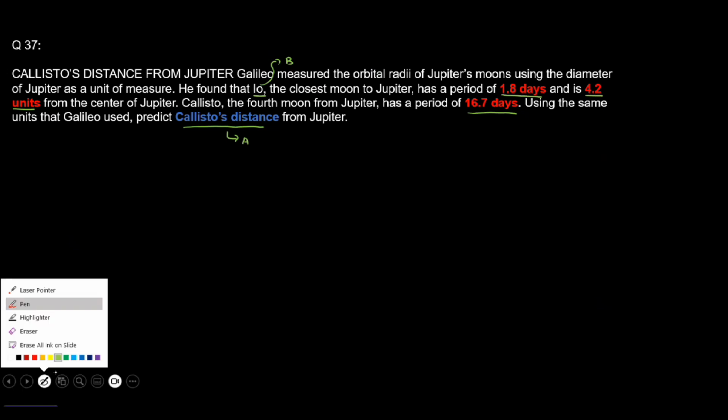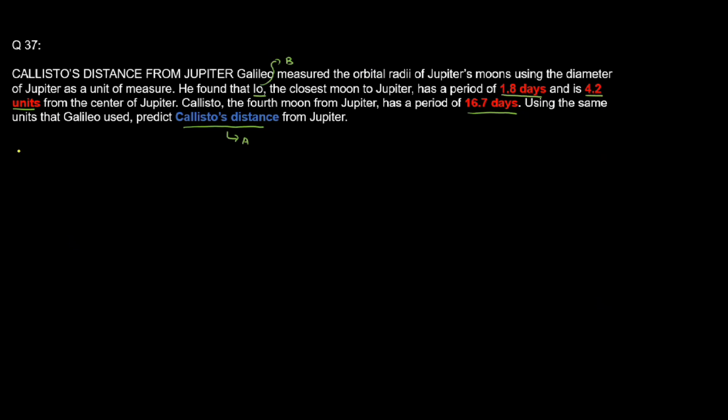So let's write down the given quantities. Time period of Callisto, which is TA, is 16.7 days. Its distance from Jupiter is what we need to find. Time period of Io, I will write as TB, which is 1.8 days. And its distance from Jupiter, RB, will be 4.2 units.